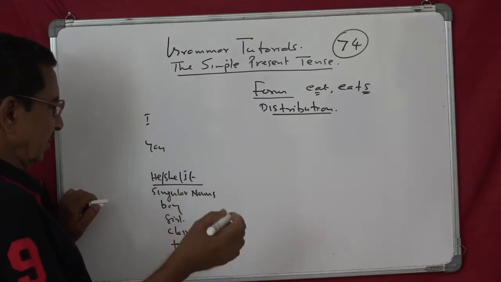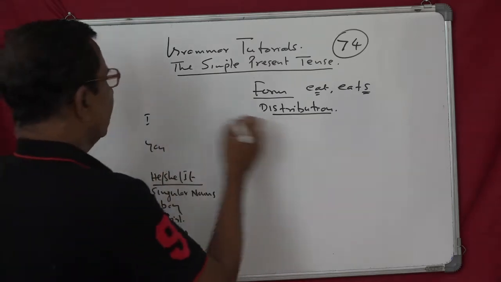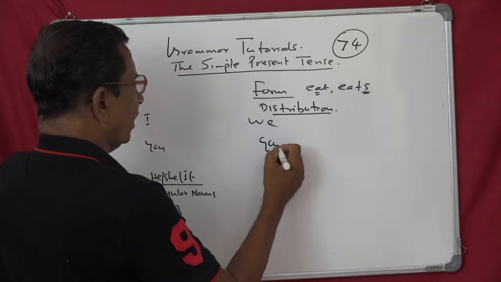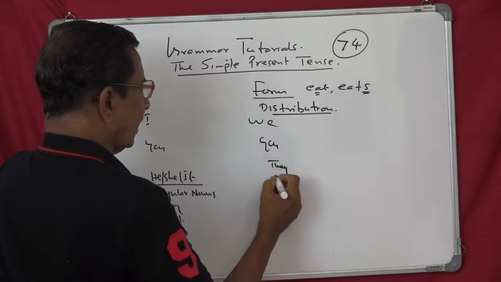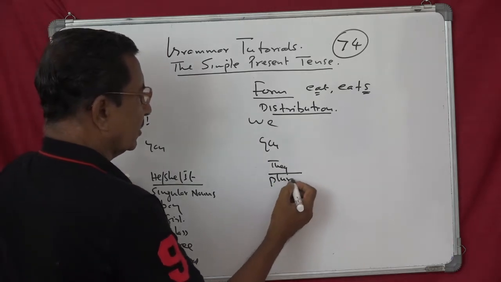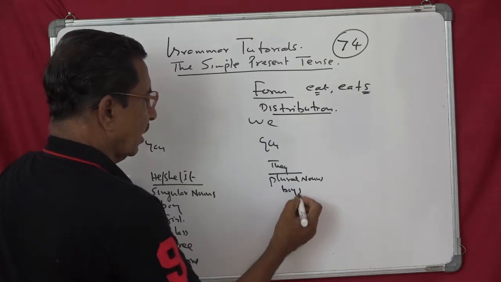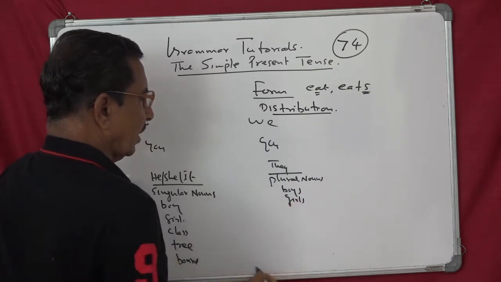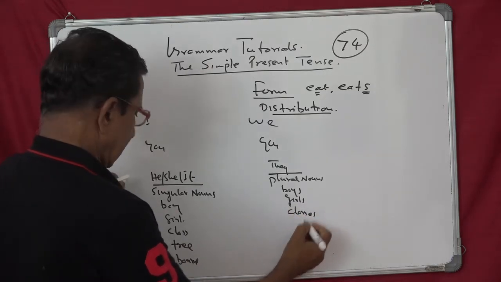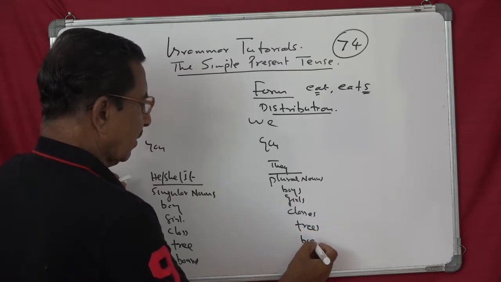And now the next one: we, you (plural), they. They stand for all the plural nouns. Plural nouns means boys, girls, and what else? Here you have got classes, trees, and boards.